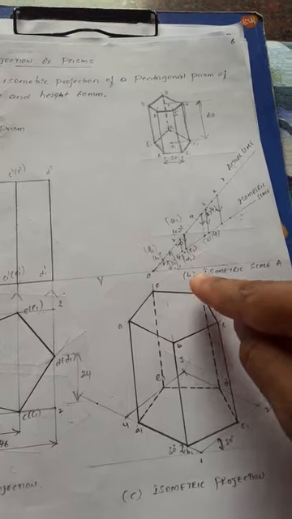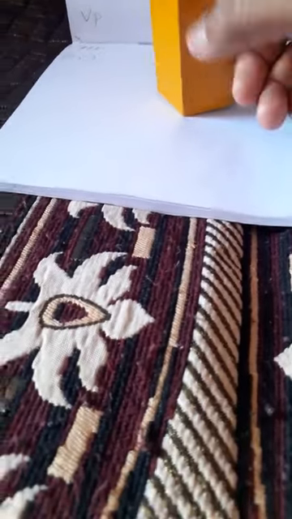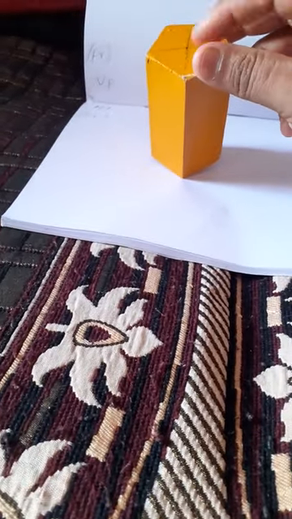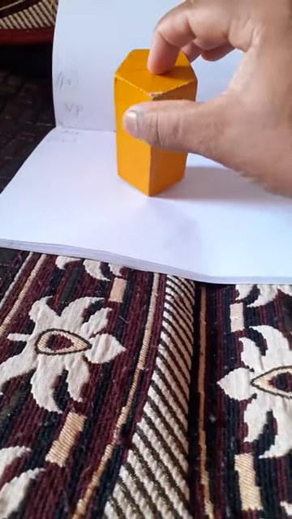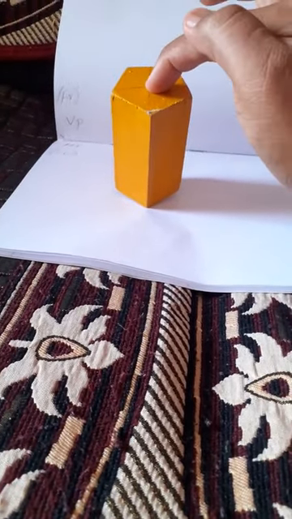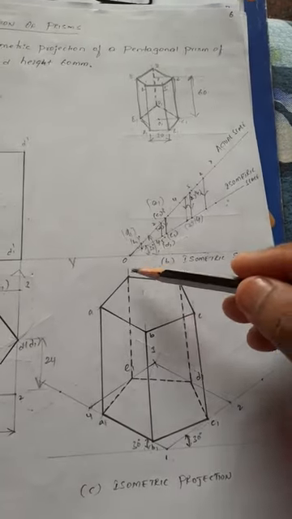Then join all these corners with a continuous thick line, because once you go for isometric projections, the top face is visible, then the rectangular faces are visible, and the remaining 3 rectangular faces are invisible, right? Yes, the top face you made with a continuous thick line.